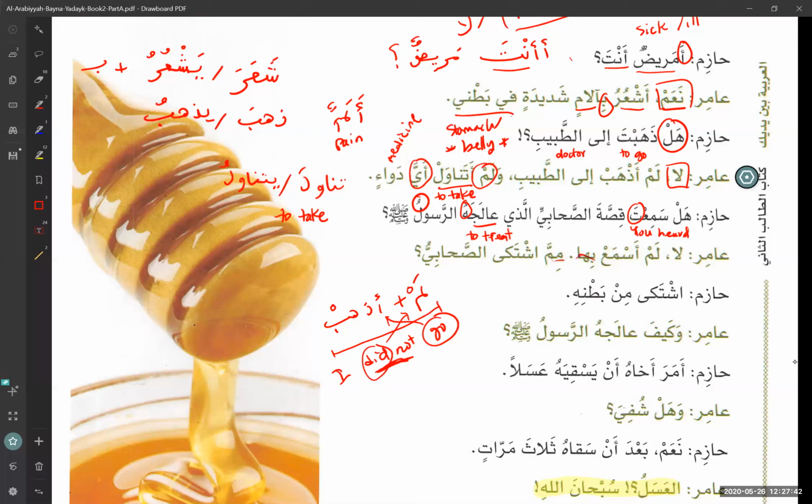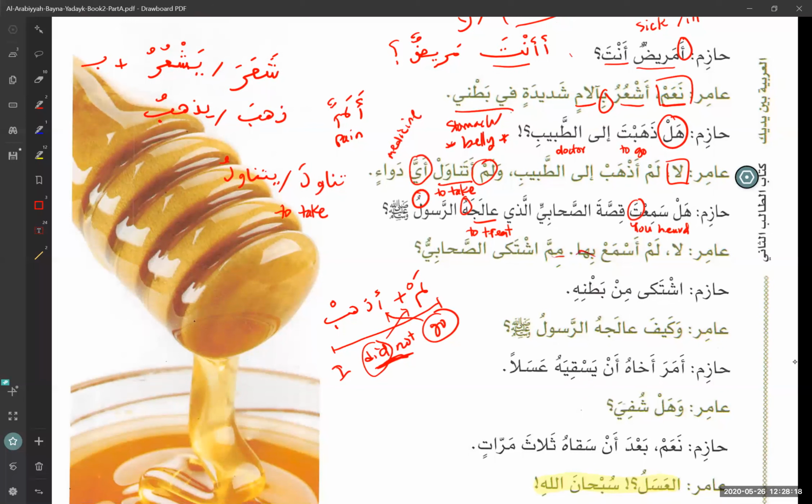So basically it's saying did you hear the story who the Prophet, the Messenger, sallallahu alaihi wasallam, treated him. Okay, so it's a pretty complex structure here, but as I said, if you're studying book 2, you should have some knowledge of Arabic already, right? Either Medina book 1 and 2, or you have done Bayna Yadayk book 1. You have some Arabic knowledge. Okay.